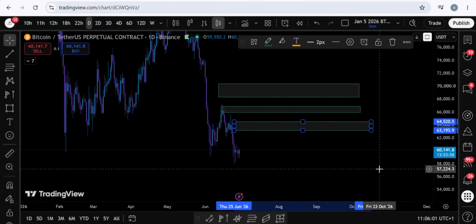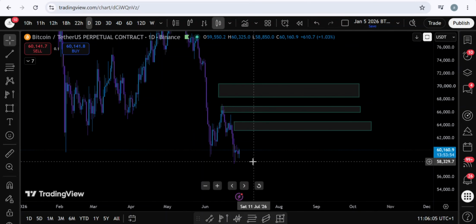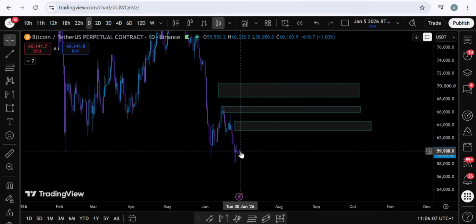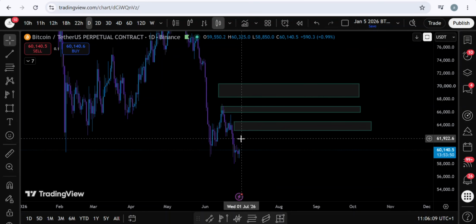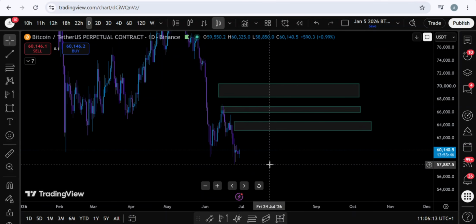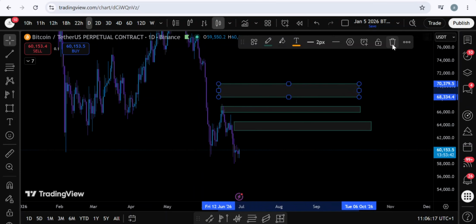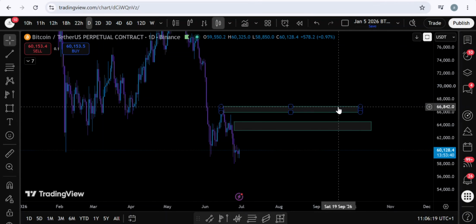Now, I do expect price to go up a bit and reject somewhere and then come back and take these lows. There's a reason why I think price will come back down and take those lows, and the reason is very, very simple.